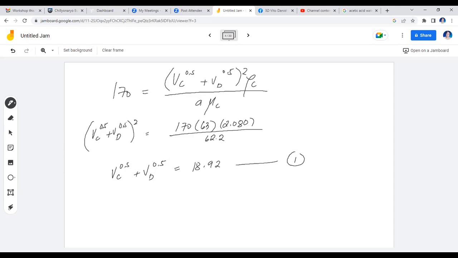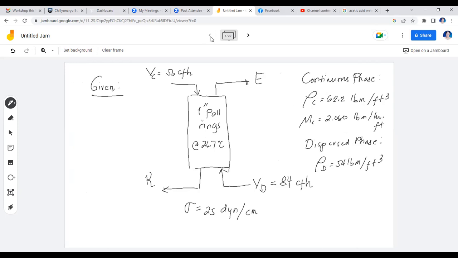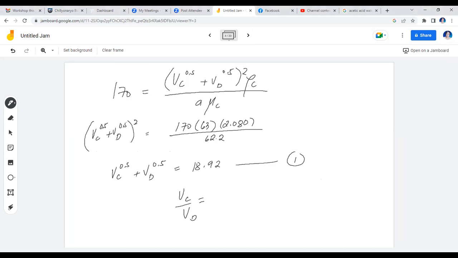The ratio of the V sub C to V sub D in the problem is equivalent to the volumetric flow rates of the continuous and the dispersed phases. Your continuous phase is 56 cubic feet per hour, and your dispersed phase is 84. So 56 over 84.